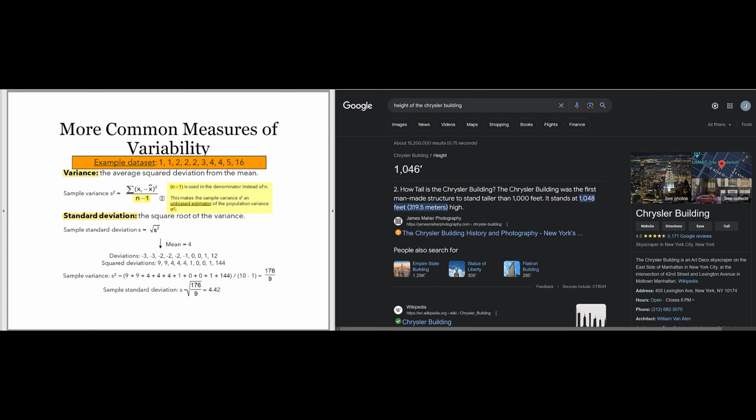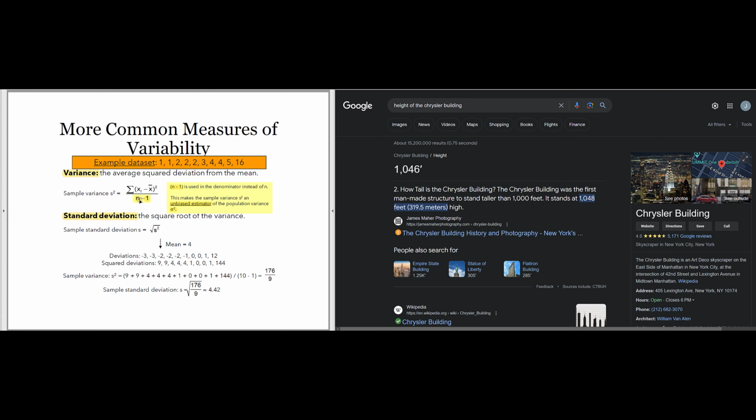Now, as I tell you more and more heights of more and more skyscrapers in Manhattan, my mean is going to get closer to the truth, and my variance is going to get narrower and narrower because n minus 1 gets to be larger and larger.